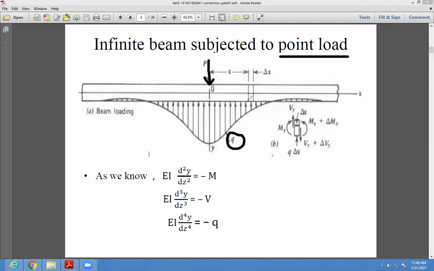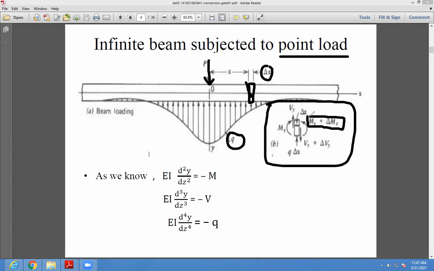Now take a small segment of width delta Z. At that particular section, the beam is subjected to moment Mz, as we discussed in the last lecture, and on the other side of the small element the moment is delta Mz.